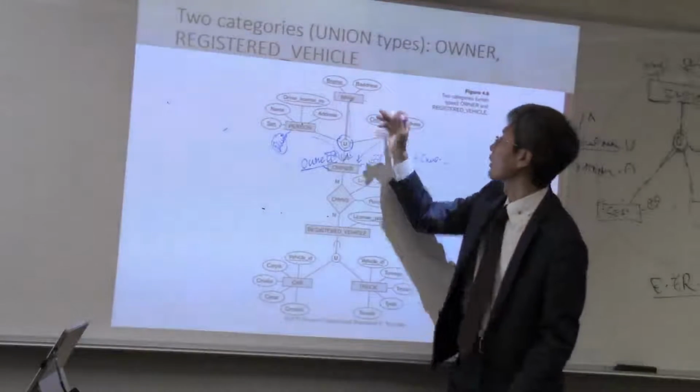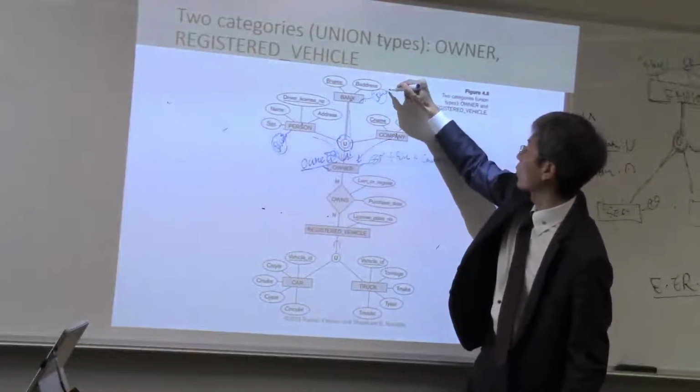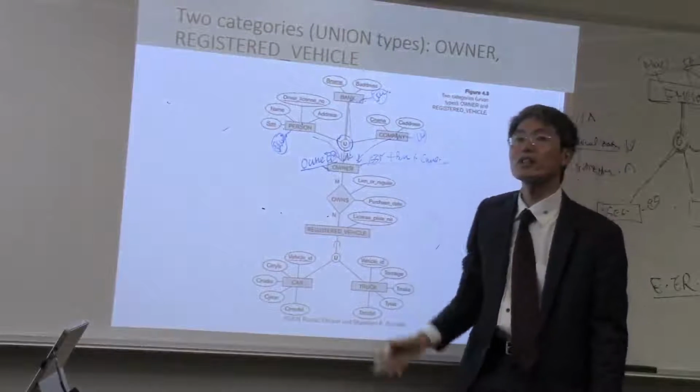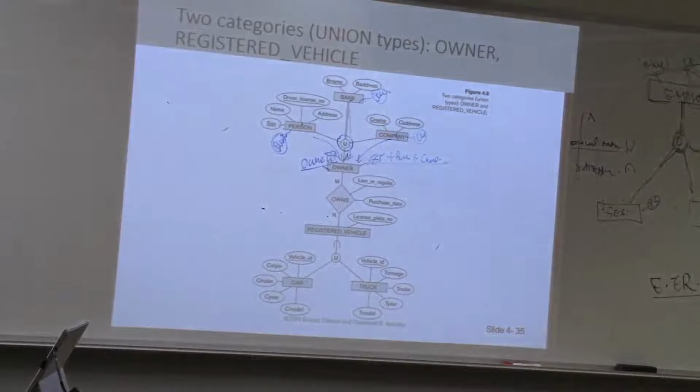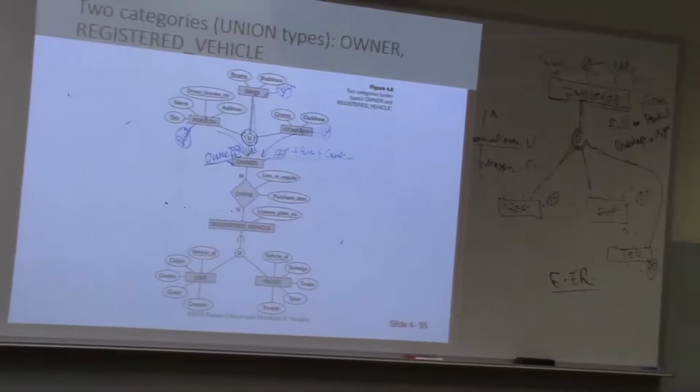Okay? So this will be the attribute owner ID. This key is called an artificial key, or sometimes a surrogate key, which is very popular in database design.